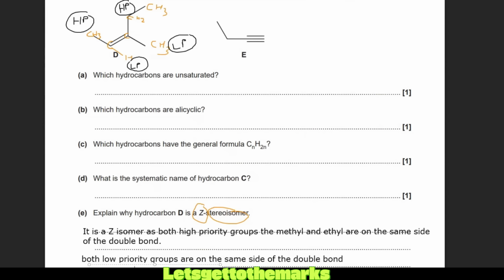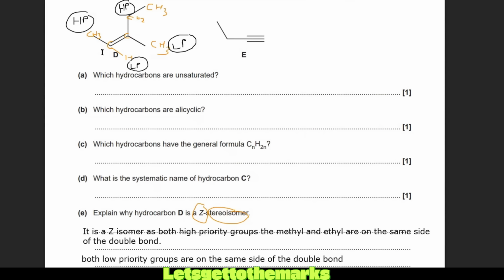If you wanted to go into detail, you might want to explain it like this. On the first carbon, the methyl on top of the double bond is high priority compared to the H atom underneath. I'm going to run out of room, so I'm not going to bother with this explanation. I was going to go into a bit of a long one.